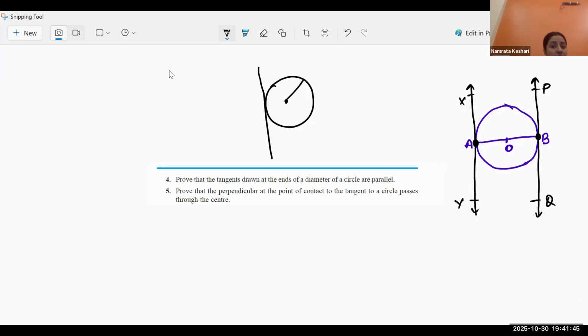In this circle, many radii we can draw like this, like this. But the radius passing through this point of contact is a special radius which must make 90 degrees here, right?